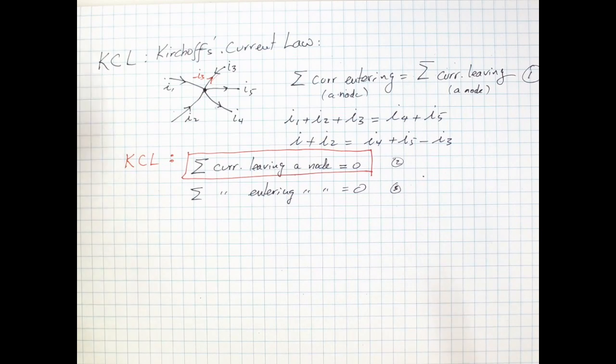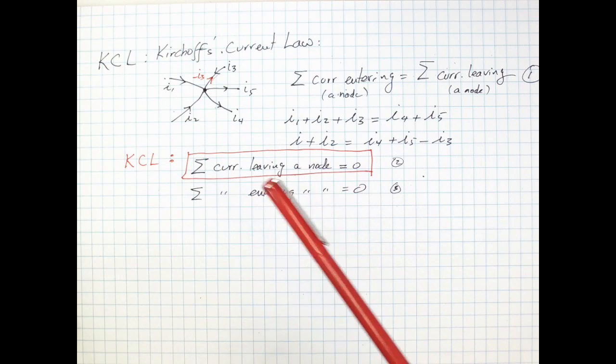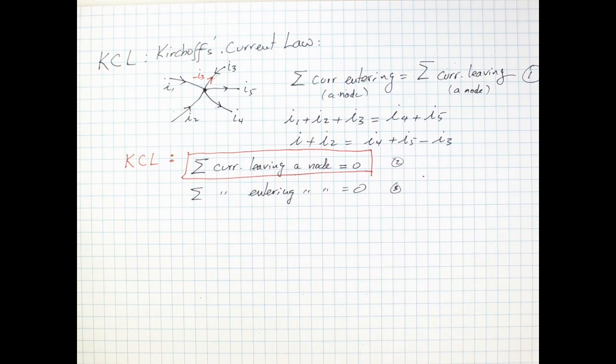Just to avoid confusion, we're going to stick with one form. That's just by convention, and it doesn't really make any difference. So this is KCL. KVL says that the sum of the voltages around the loop is equal to 0. KCL says that the sum of the currents leaving a node is equal to 0. So let's take a look at a circuit.